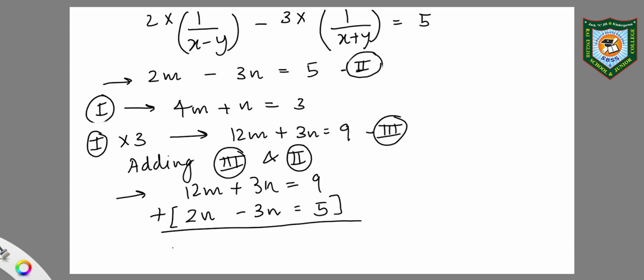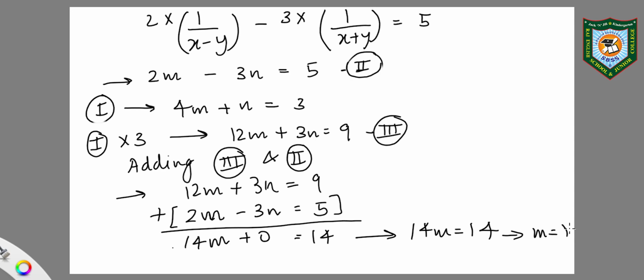Now 12 plus 2 is 14m, and 3n minus 3n is 0, so 14m is equals to 14, which gives me m is equals to 1.